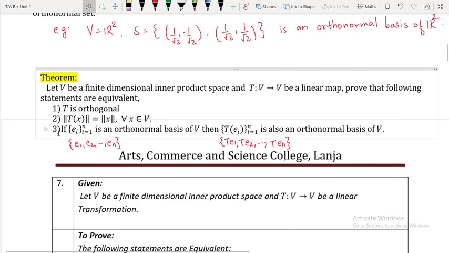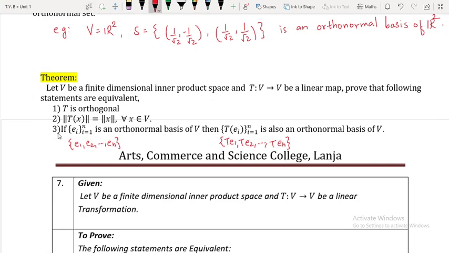So how to prove these three statements are equivalent? You know which pattern we always follow? We follow 1 implies 2, then we prove 2 implies 3, and then we go for 3 implies 1. But over here there will be a slight change, because showing 2 implies 3 is a little bit tricky and difficult.